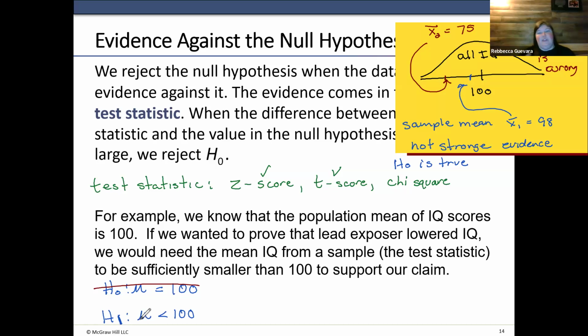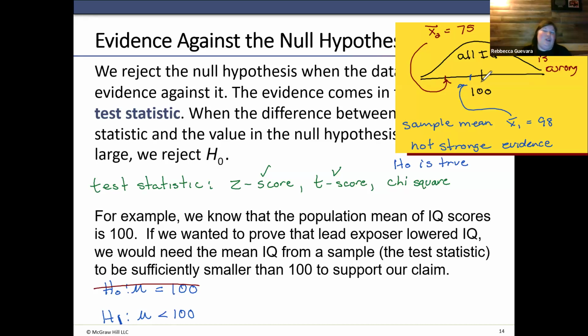So we collect samples, and these would be samples of people exposed to lead. This sample is close to what the population mean for everybody is, meaning that the sample of people exposed to lead and a sample of general people look close enough to say there's not really evidence that lead exposure is doing anything.